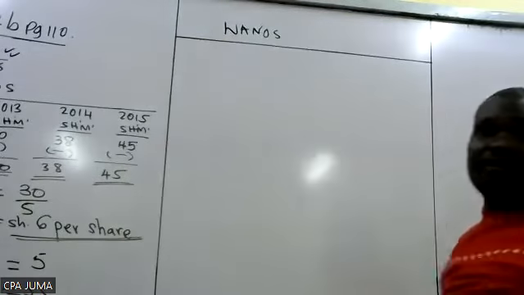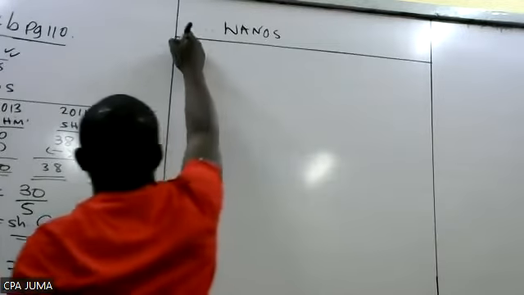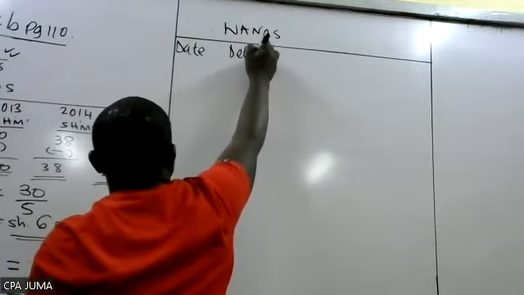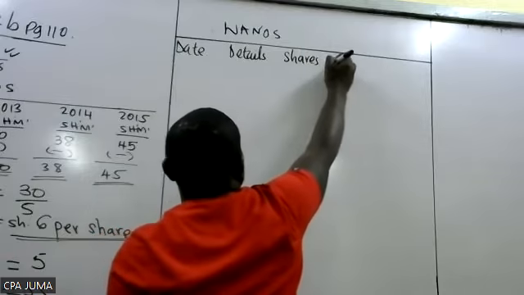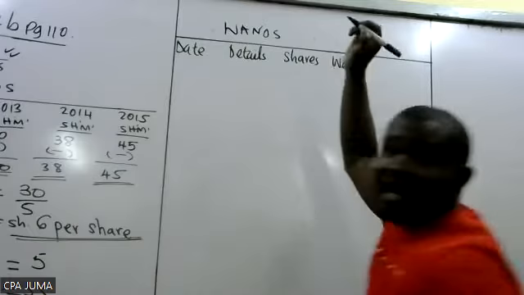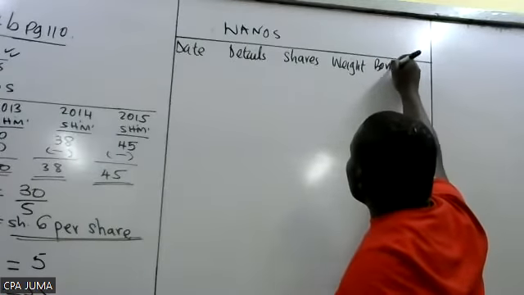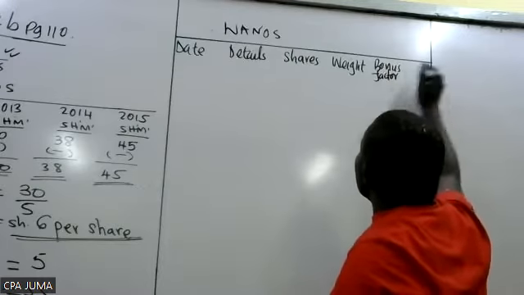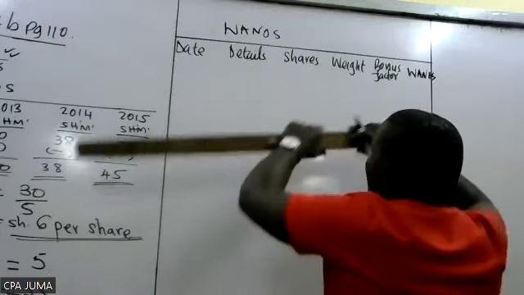So in the weighted average, you write date, details, shares, weight. When there is a rights issue, you write here bonus factor. Bonus factor, then WANOS.